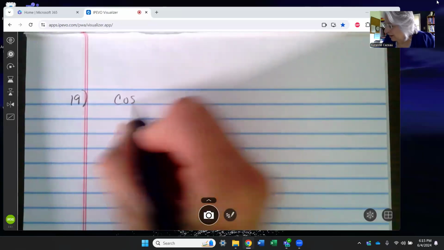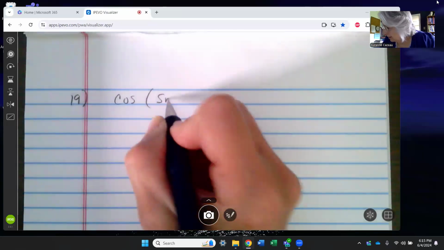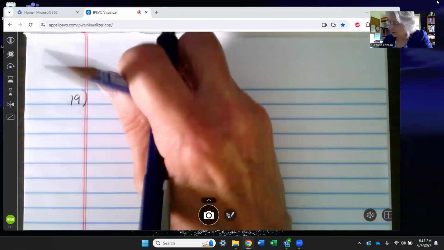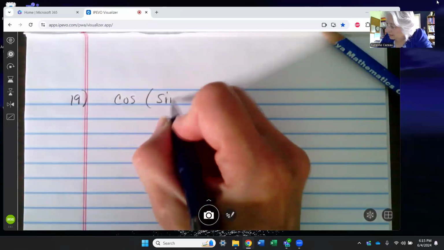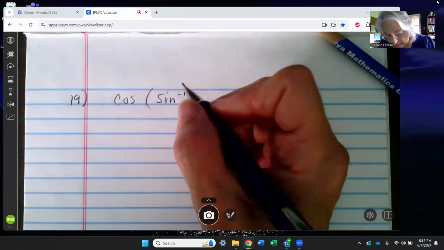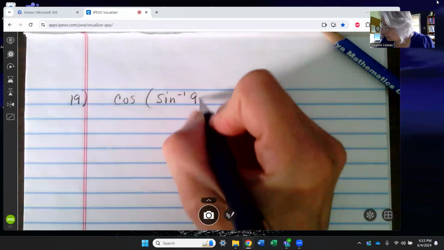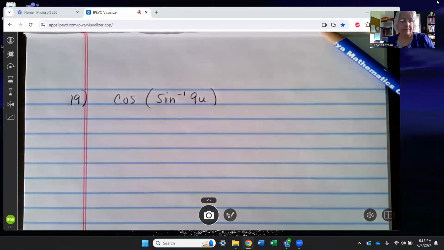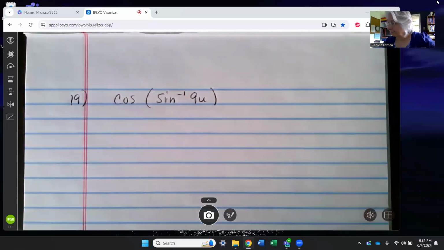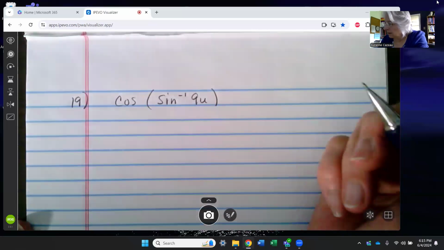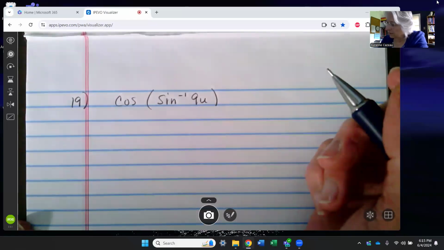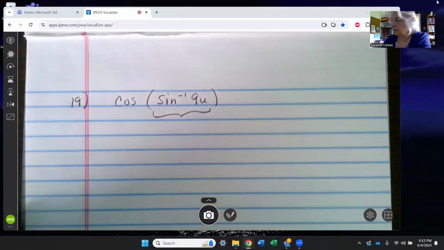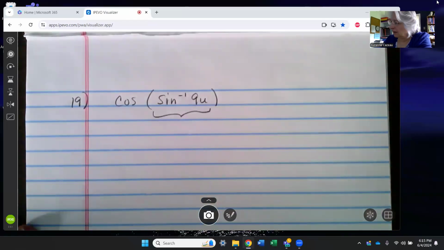Oh, this one. We've got the cosine of the inverse sine of 9u. Okay. All right, well, I want to know what this is, right? I'm going to call it theta, right?